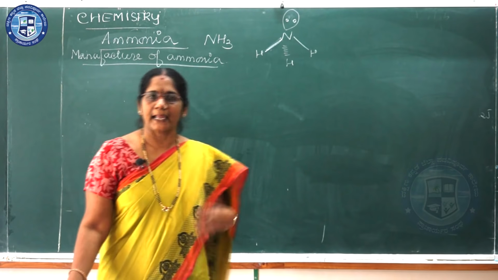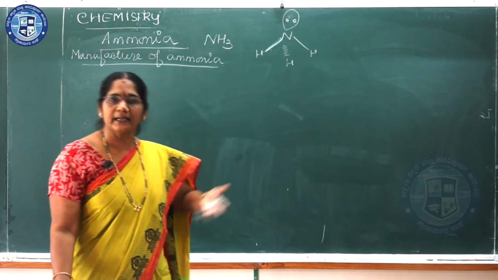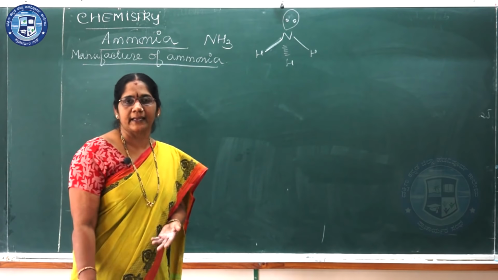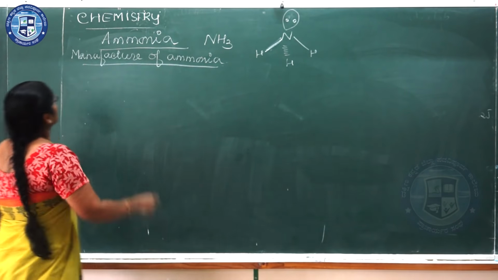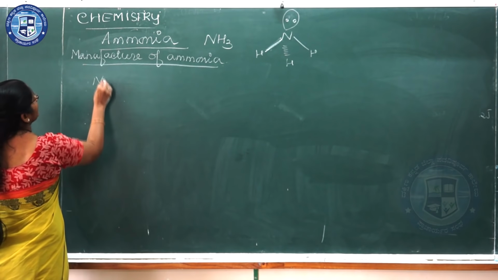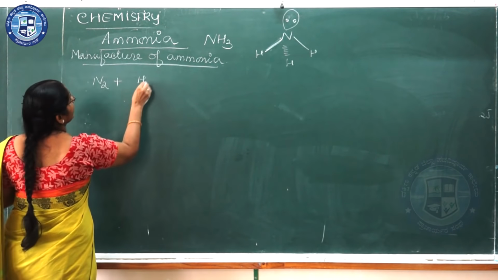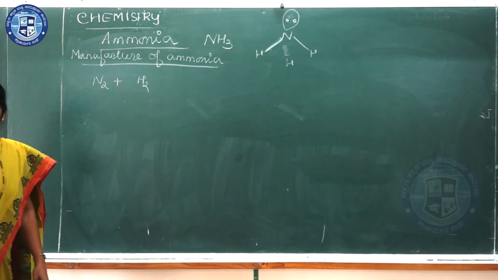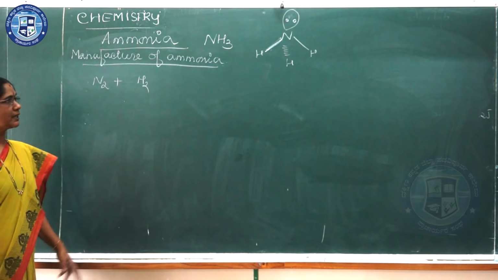Two scientists together, Haber and Bosch, prepared it in the early 20th century. So, manufacture of ammonia from nitrogen and hydrogen, which I have seen in nitrogen.